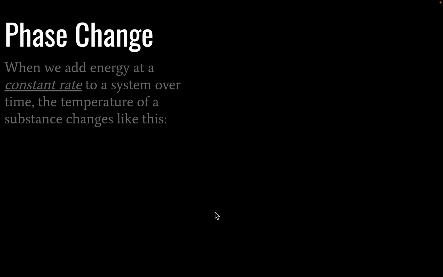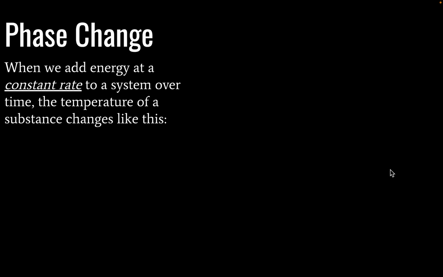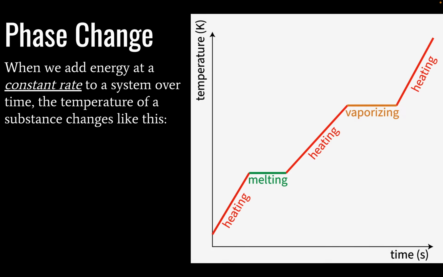And okay, so when we add energy at a constant rate to a system over time, the temperature of a substance is going to change like this. So this is what we get. We get heating of the substance, the temperature is increasing over time, and then it stops increasing while the substance is melting. The temperature stays consistent until all of the substance is melted.